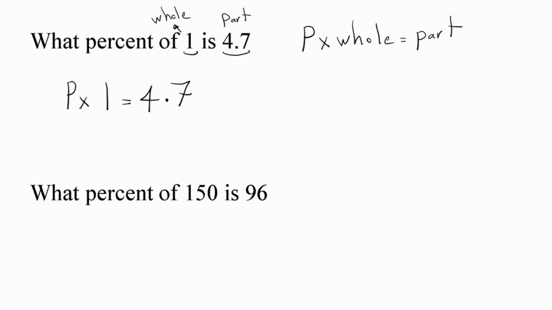4.7. Okay, P times 1 will be P, and is equal to 4.7. Okay, is this the percentage? No, as I told you, in this formula, percentage is written as a number. So I have a number and I must convert it to percentage because the question is asking about percent.